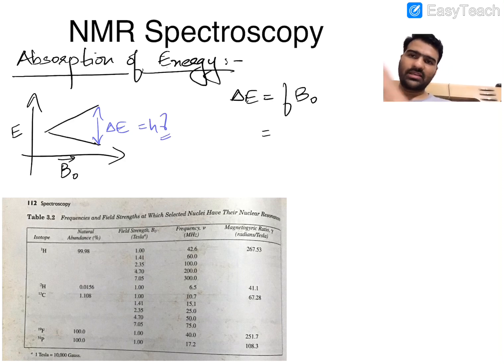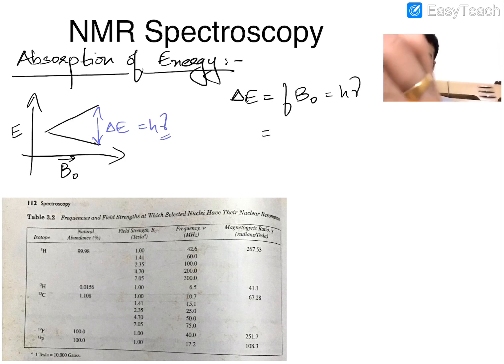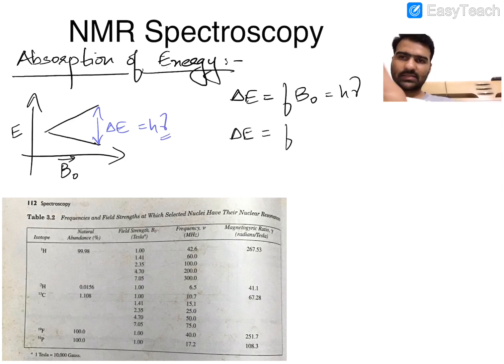Now this can also be given as being equal to h nu, if we talk about light of frequency nu being incident on the molecule so that it can flip from its lower spin state to a higher spin state. Since both are energy units, they can be equated, and equating them gets us to an equation that looks somewhat like this.